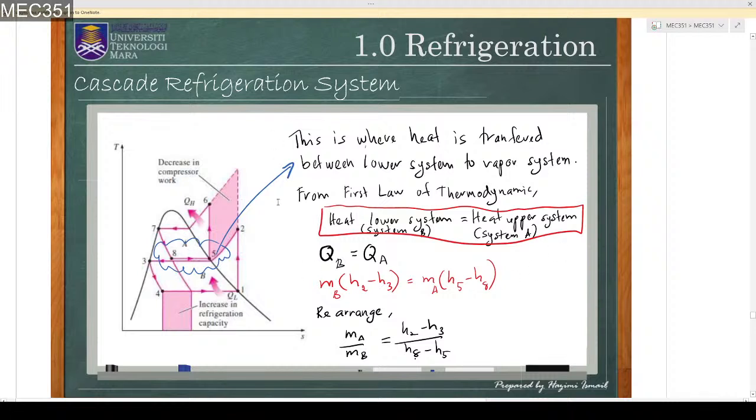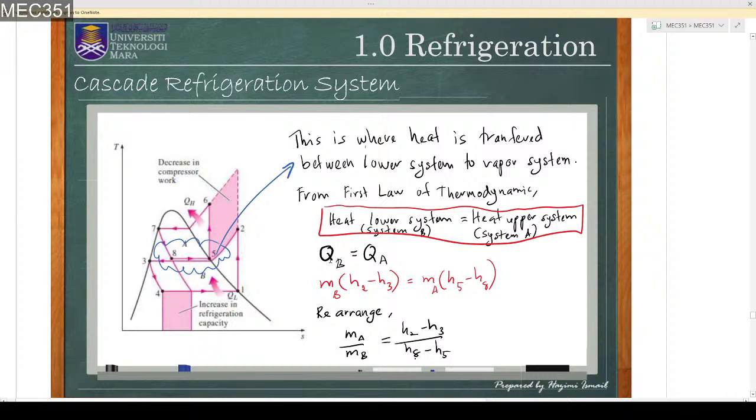For our analysis, we just assume it is perfect, it is ideal, so there is no heat loss to the surrounding between B to A. In real life, sure, heat loss will occur between B and A. But for our syllabus, we assume it is 100% heat transfer between B to A.